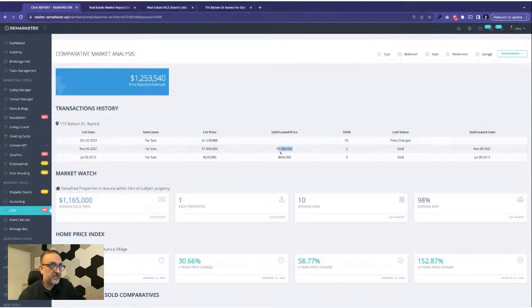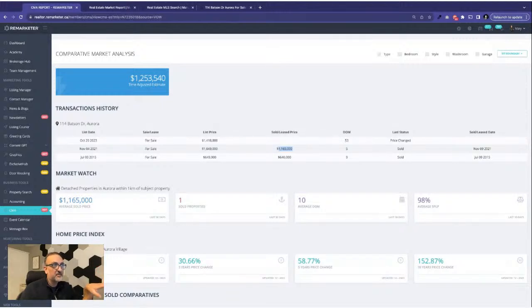So if we apply the benchmark price growth since then to this last sold price, which is 1.165, we will come to $1.253 million. So you can see that, looking at the fluctuations of the market, unless this is not a typical property of the market, let's imagine that the guy spent, I don't know, $200,000 renovating this property over these 2 years. So obviously it is worth more now, right?